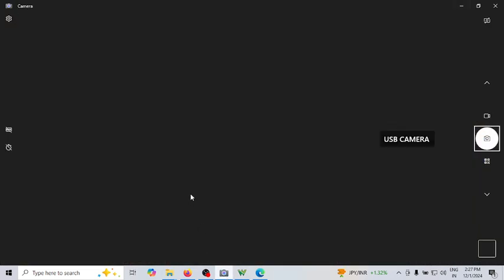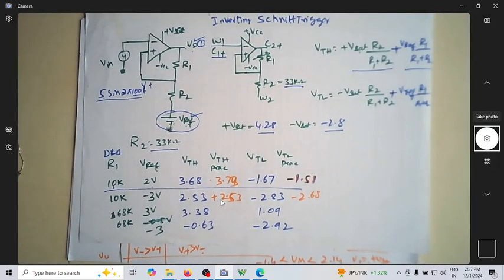I already calculated the theoretical values, and I'm just saving time here, using these equations for the values of V reference, R1, R2 and V sat. I was supposed to get 2.53, and I'm getting almost close to it. The VTL is supposed to be minus 2.8, and I'm getting minus 2.68.